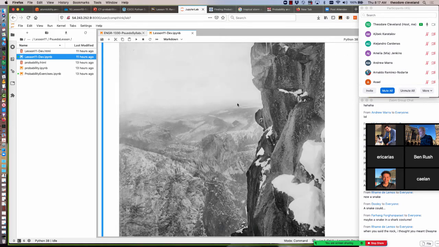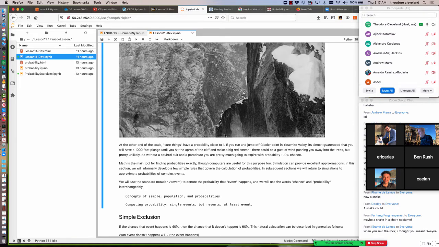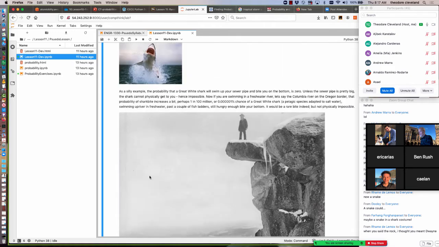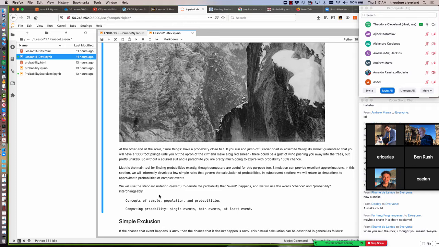Whether you jump off that is a matter of free will. Don't exercise it. And so that's an example of probability 1, and our great white shark biting us on the toilet is probability 0.